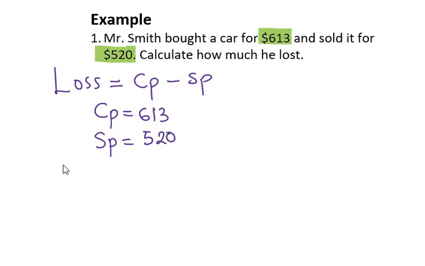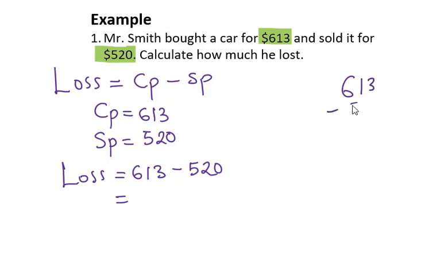So loss now becomes cost price, 613, minus selling price, 520. Let's do that roughly: 613 minus 520. 3 minus 0 is 3, and 1 minus 2 cannot work, so 11 minus 2 is 9, and here is 0.